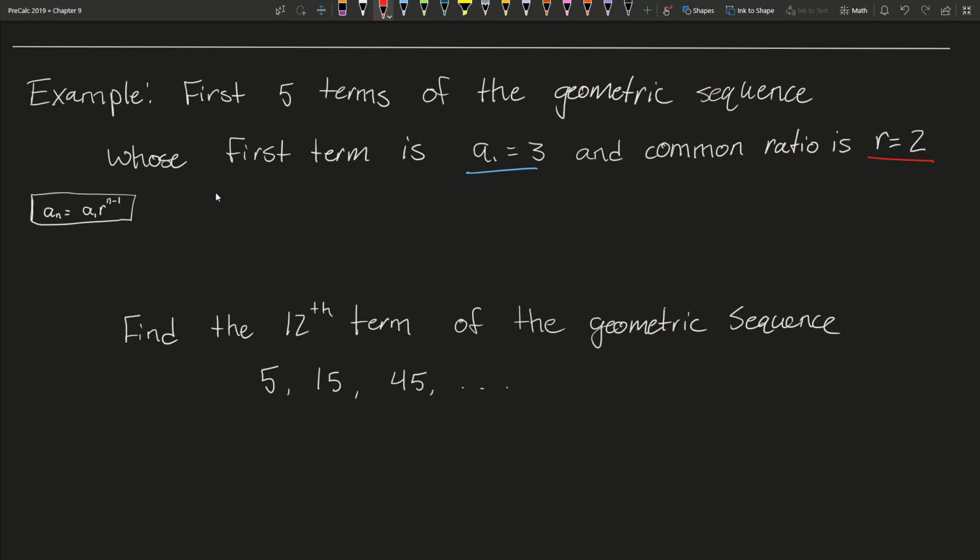Okay, so we can write everything we need from that. Right, so our first term is 3. Our second term then would be 3 times 2. Our third term would be 3 times 2 squared. Our fourth term would be 3 times 2 cubed.